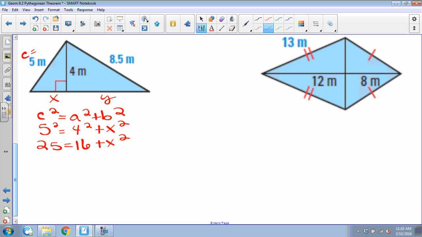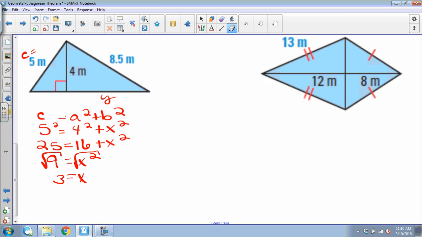Subtract 16 from both sides. So 9 equals x squared. So we take the square root, so x equals 3. So this piece right here is 3. Go with me? Okay?